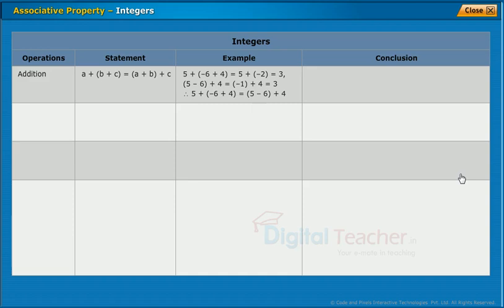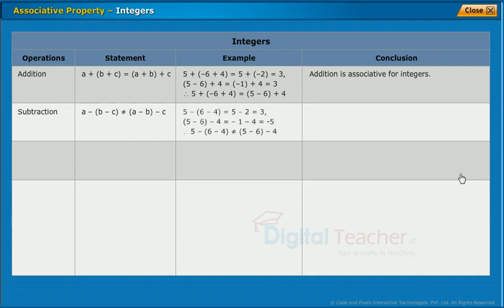It concludes that addition is associative for integers. Under subtraction, it states that the difference of three integers is not the same if the order in which they are subtracted is changed. For example, 5 minus (6 minus 4) is not the same as (5 minus 6) minus 4. It concludes that subtraction is not associative for integers.